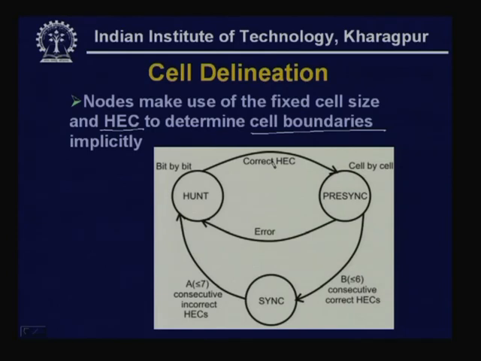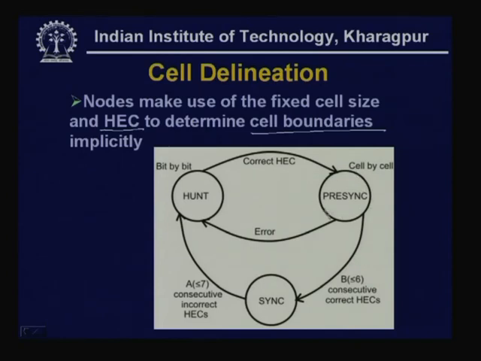The state transition diagram used for that purpose is shown here. Normally, the switches are in the hunt mode, where bit by bit synchronization is done, and whenever a correct HEC, header error control, is received, then it does cell by cell checking.